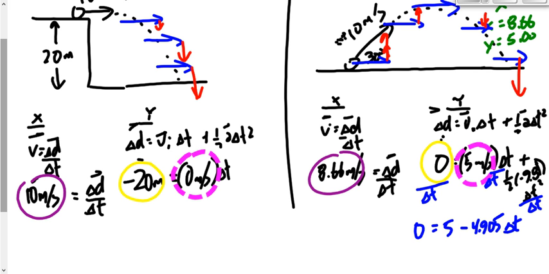So we've simplified 0 equals 5t plus half times negative 9.81 times t squared into 0 is equal to 5 minus 4.905t. Let's take the 5 over by subtracting. And then let's say 5 divided by negative 4.905.